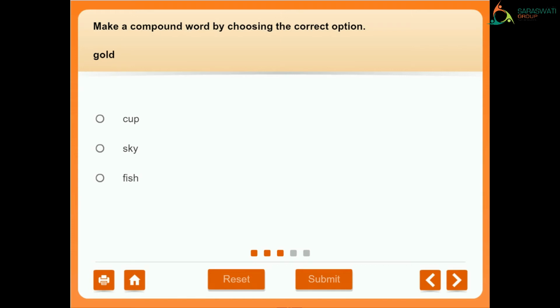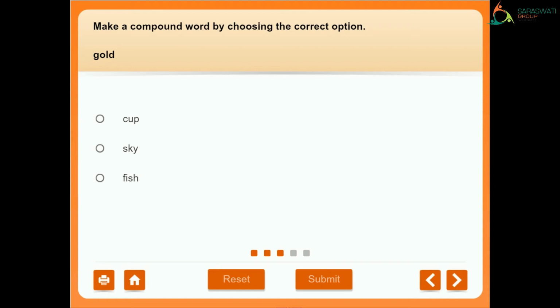Okay, now this time the word which is given to us is gold. So let us try to match up one by one and find out which word is going to create a new word by joining with gold. Gold cup? No, very less heard I have. Gold sky?